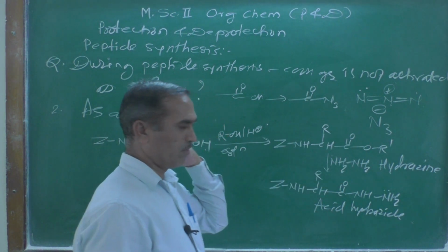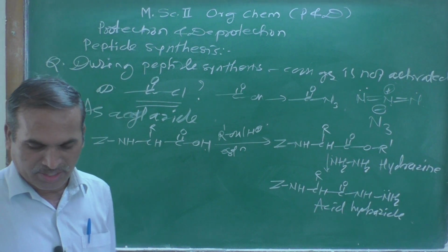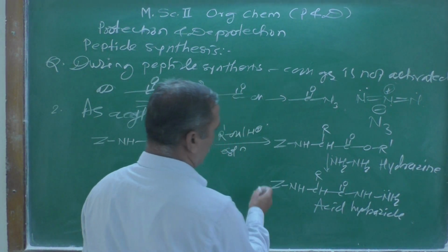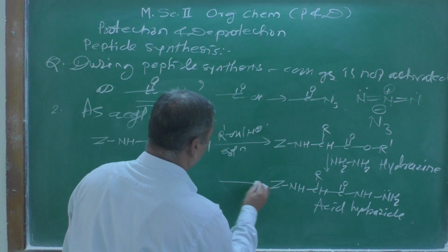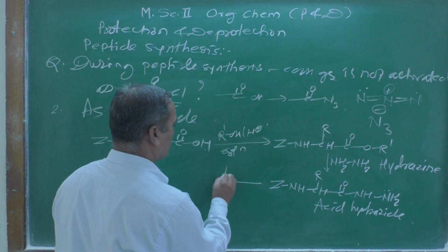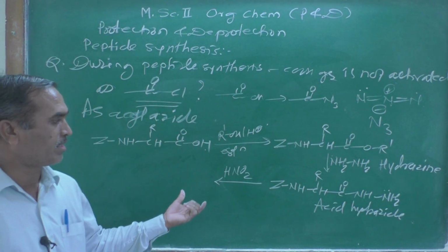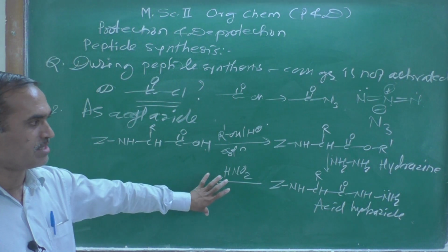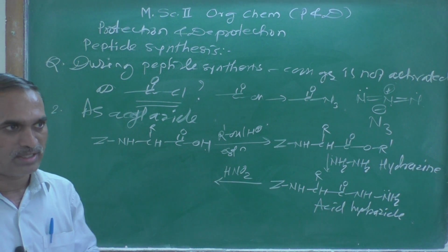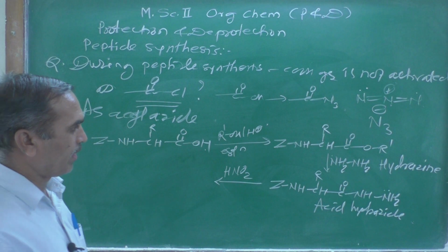NH2 is reacting with that ester group, and we are getting the acid hydrazide derivative, and this acid hydrazide can be treated with HNO2, nitrous acid. What do you get?